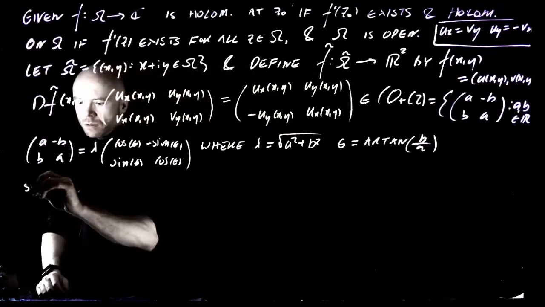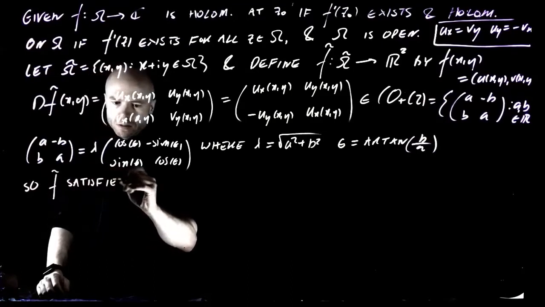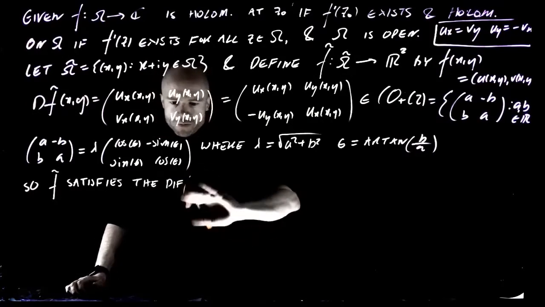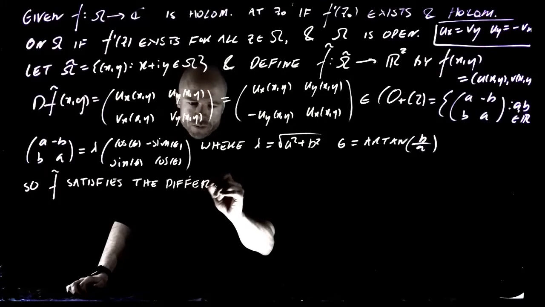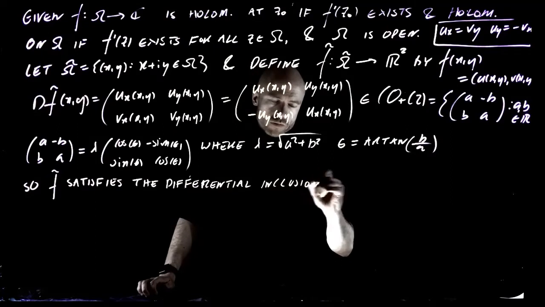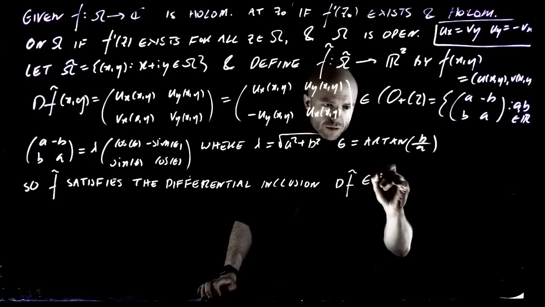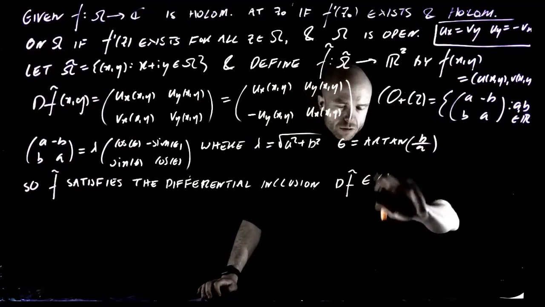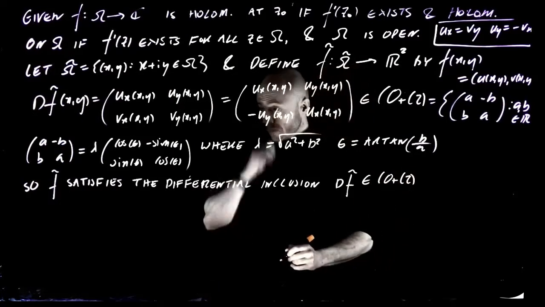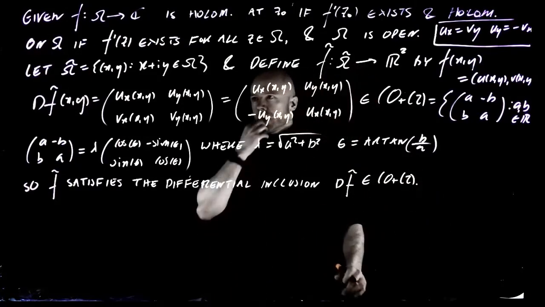So f tilde satisfies the differential inclusion: d of f tilde belongs to the two-dimensional conformal matrices. Cool. That has a lot of meaning.